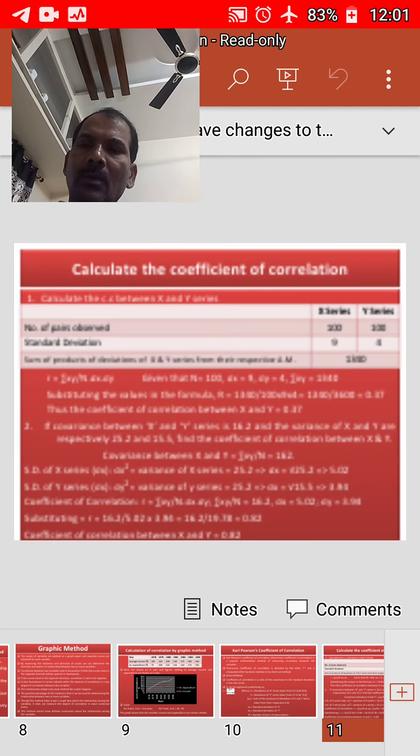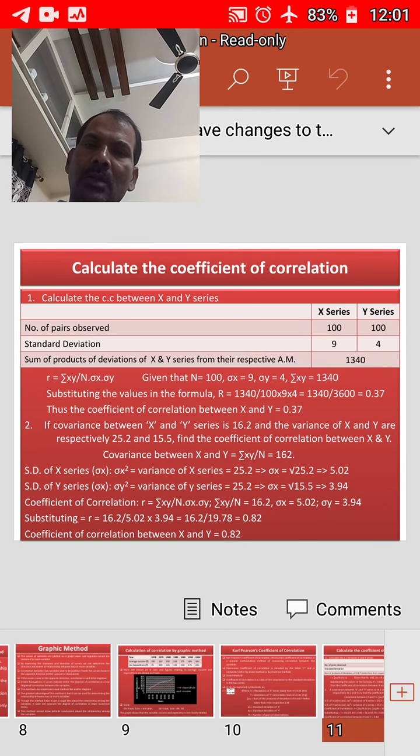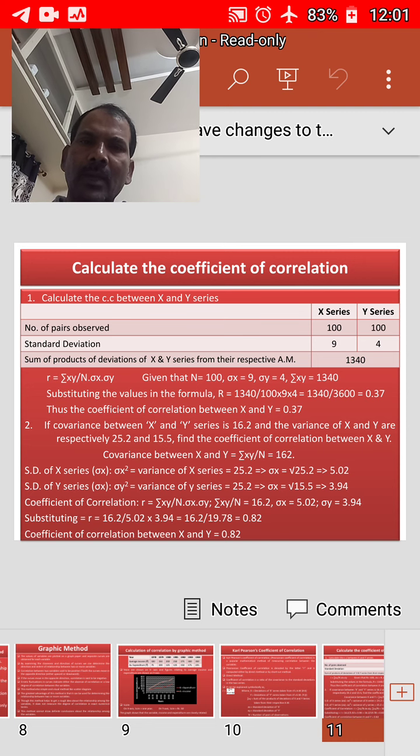Now we'll consider one example for better understanding. Calculate the coefficient of correlation between x and y series with the given data. It is given that the number of pairs observed, that is x series 100 pairs and y series 100, hence 100 pairs of x y.